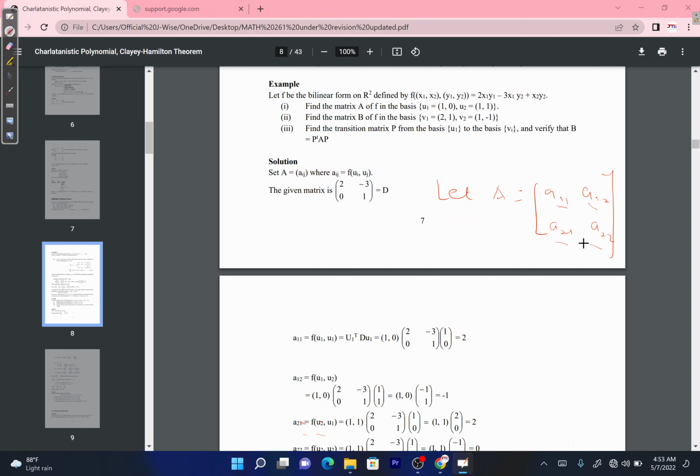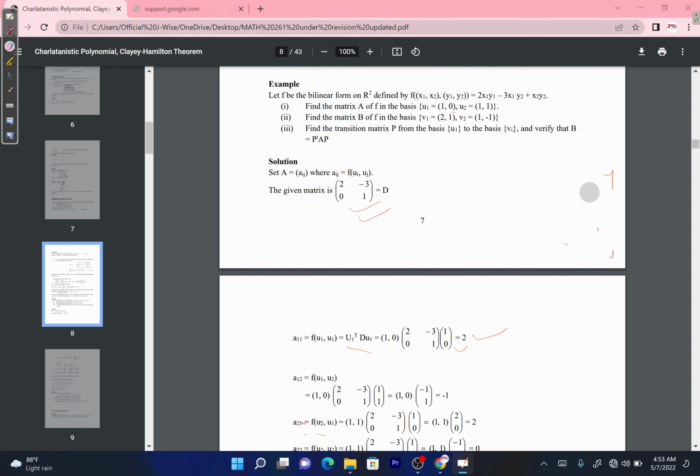Now A11 is given by f of u1 u1, and from the definition, f of u1 u1 is given by u1 transpose D u1, and we know our u1 to be 1 0. This is our matrix D and this is u1. When you solve this, you get 2. The same thing applies to A12.